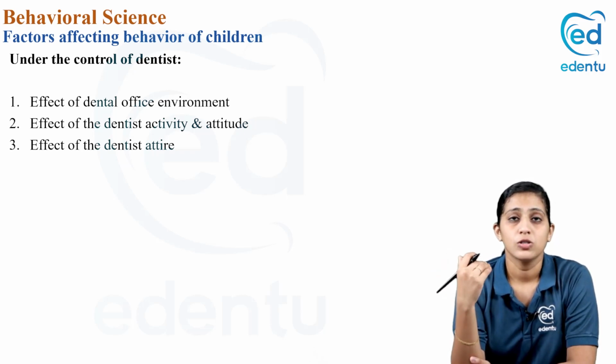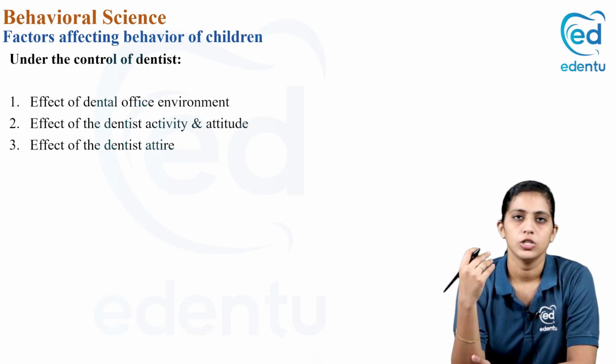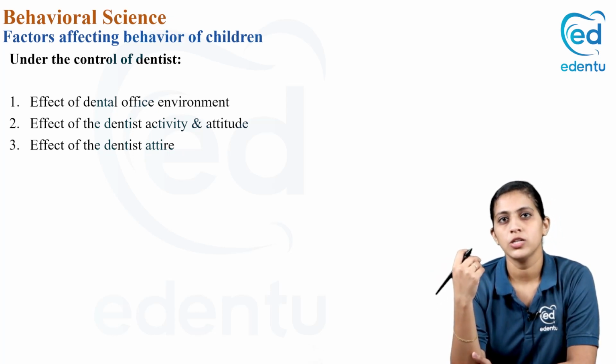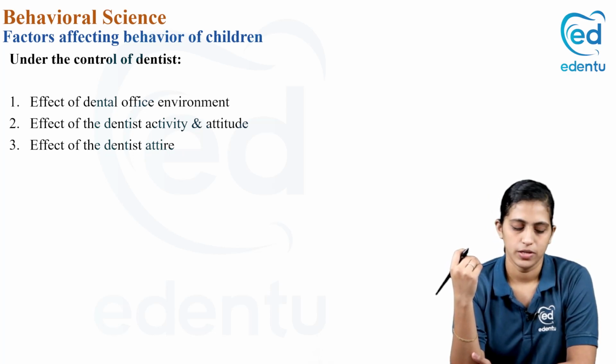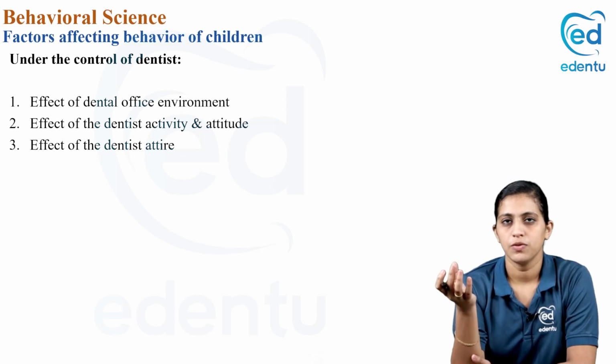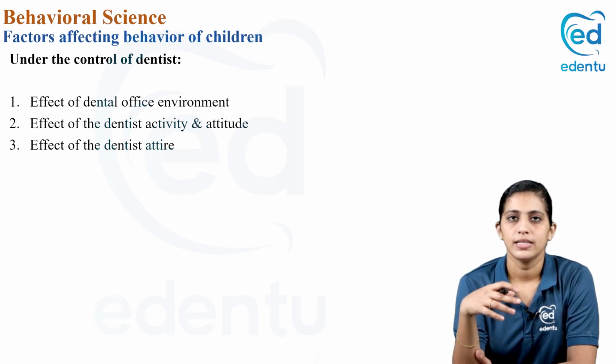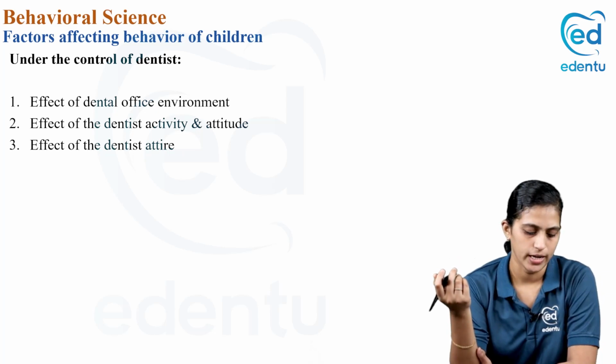Also, the dental auxiliary, especially the receptionist, should be very kind to the children, and we should make sure that the child doesn't have to wait for a long time in the reception area. We can also do a little preparation before the child comes to the dental clinic. Through phone calls or emails, we can tell the parents how to prepare the child.